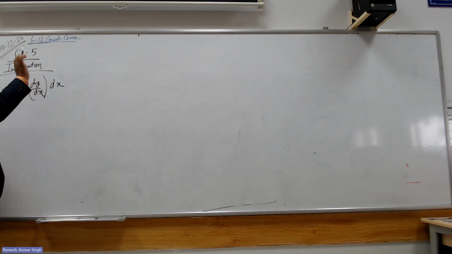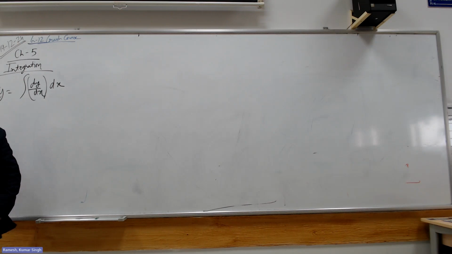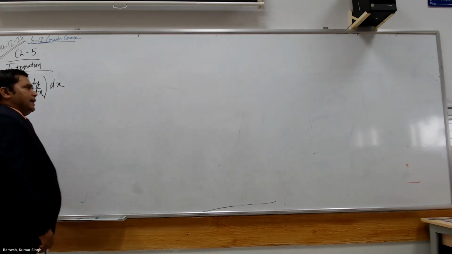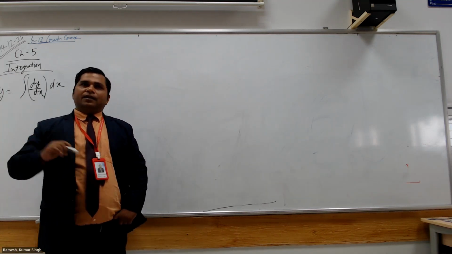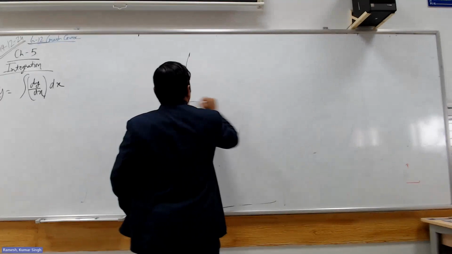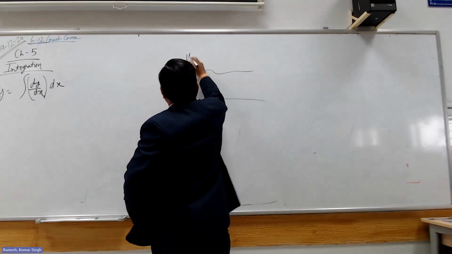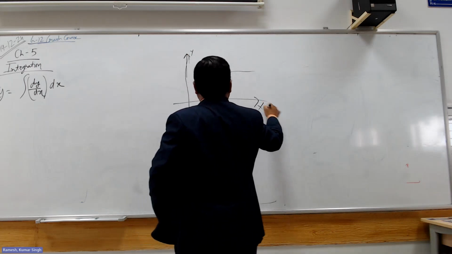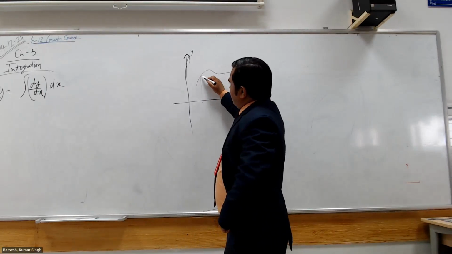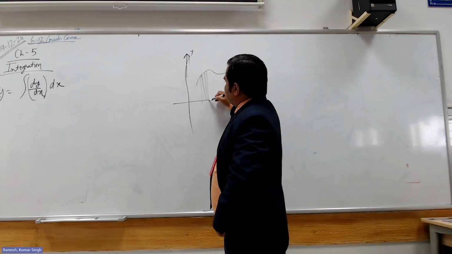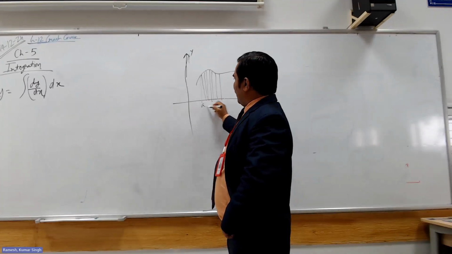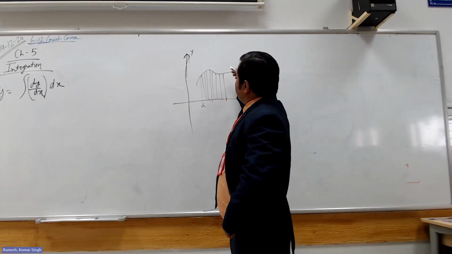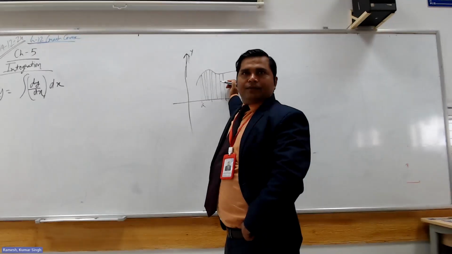The integration symbol is kind of an S. You know why it is S? Because we use integration to find the sum of the areas of rectangles. If a curve is given, this is the y-axis and this is the x-axis, we divide it into infinite rectangles and add the area of all the rectangles to get the area under the curve.